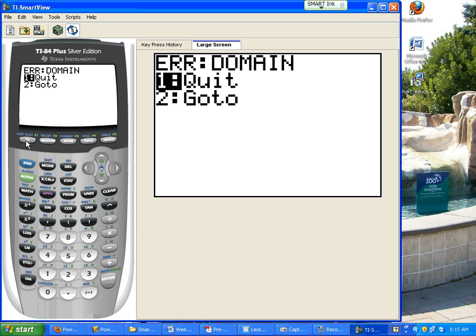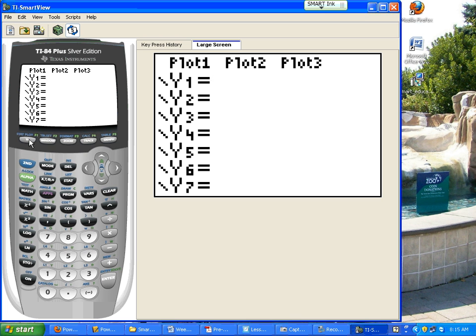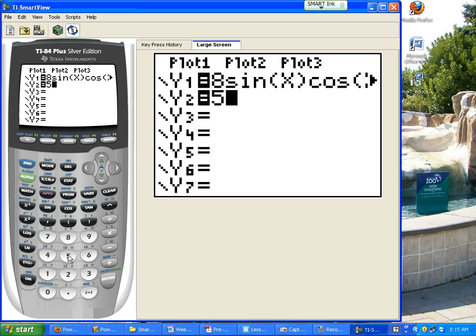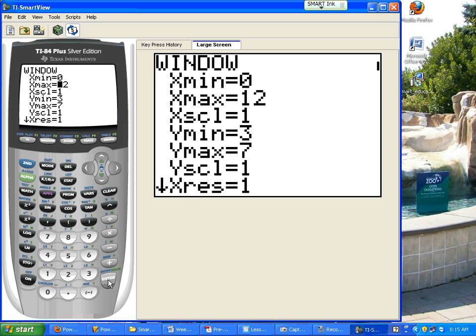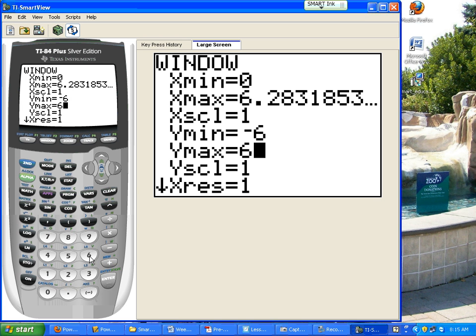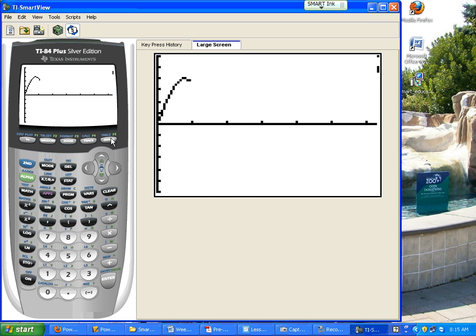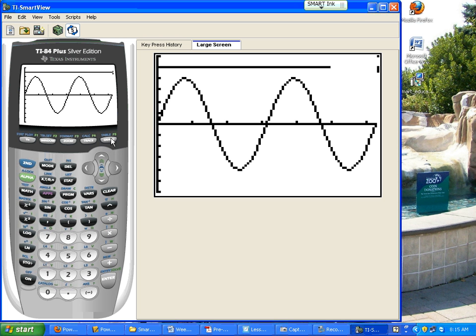Let's look at the graph. Y equals 8 sine of x cosine of x, when does that equal 5? There's 8 sine of x cosine of x, and there's 5.